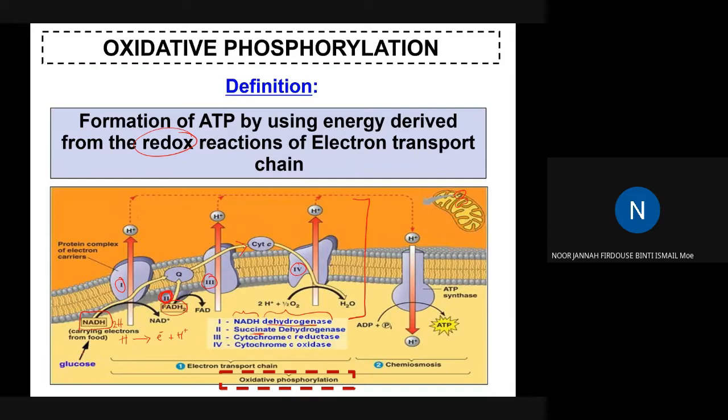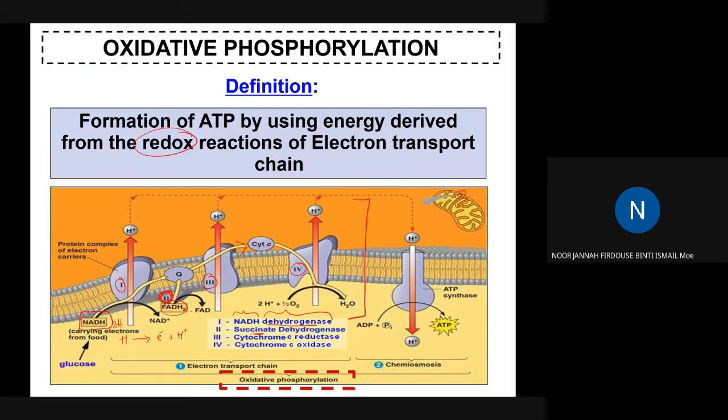During the conversion of succinate to fumarate, the oxidation involves FAD. FAD receives the hydrogen and is reduced to FADH2, and then the hydrogen is transferred to the succinate dehydrogenase.